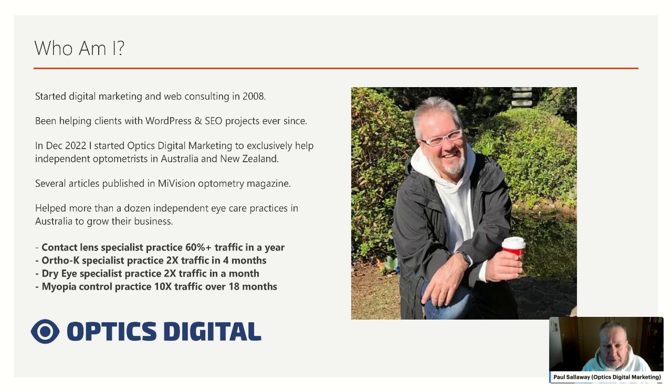At the end of 2022, I started Optics Digital Marketing to help, originally independent optometrists, but now eye care practitioners more generally, including ophthalmologists in Australia and New Zealand. I've written a few articles for My Vision Optometry magazine, and I've helped more than a dozen independent eye care practices in Australia so far.